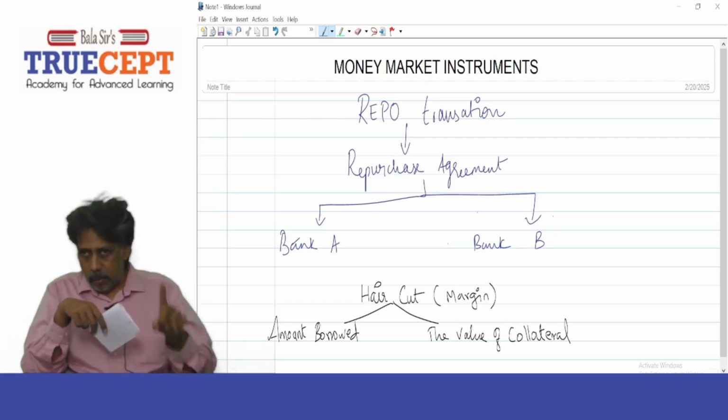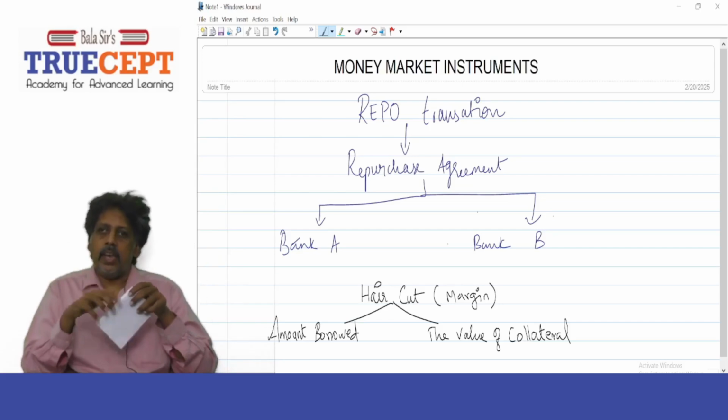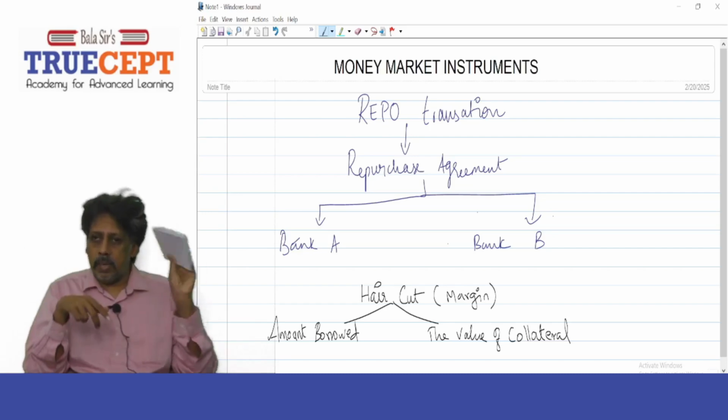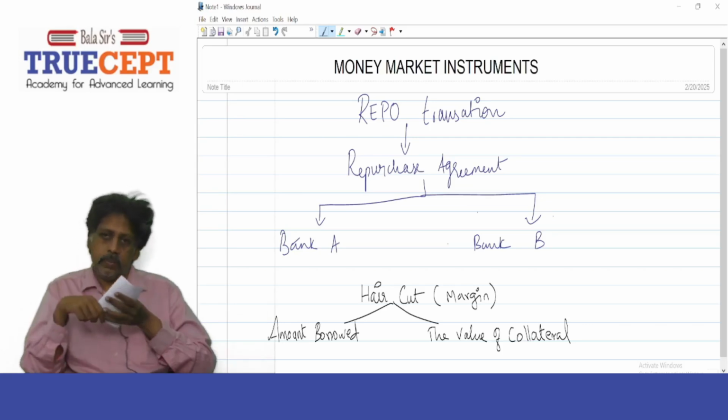Please remember, after giving this 98,000 rupees, on the same day, banker A will enter into one more agreement with banker B to repurchase these investments, let's say in 30 days for rupees, let us say, 1 lakh and 1,000.